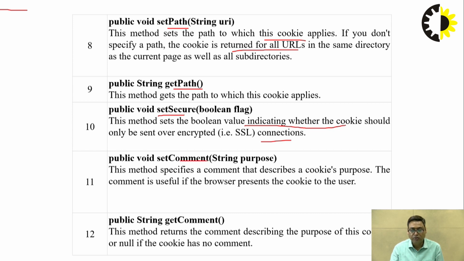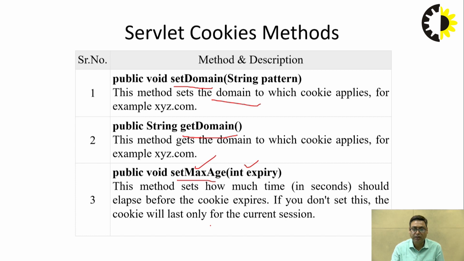Set comment: you can set some information related to cookies, which we call a comment, and you can retrieve the comment with the help of the get comment method. So these are some methods by which we can go for the programming.